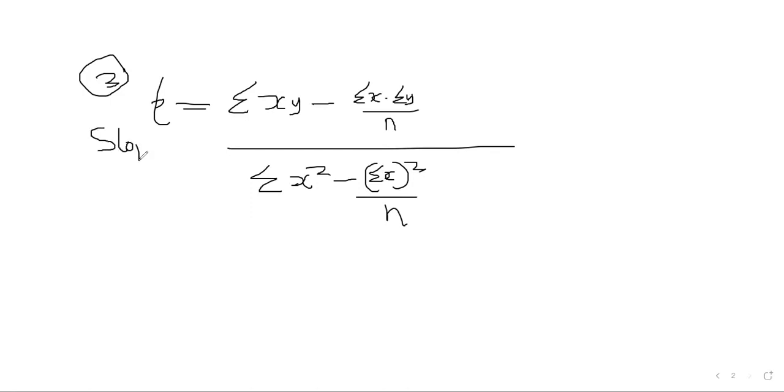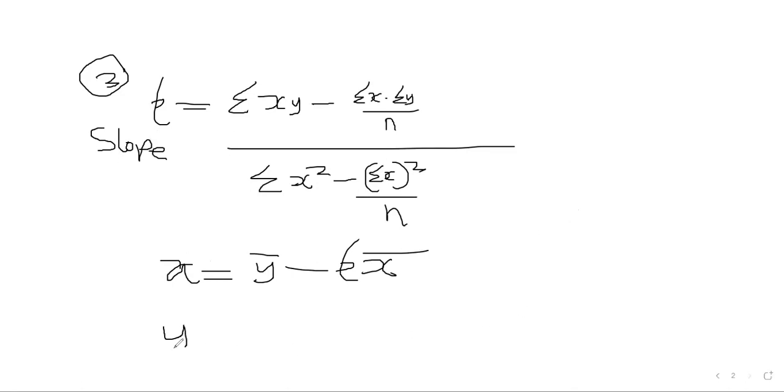Then the intercept, which is our alpha, is equal to Y bar minus B X bar. So that's the formula here.